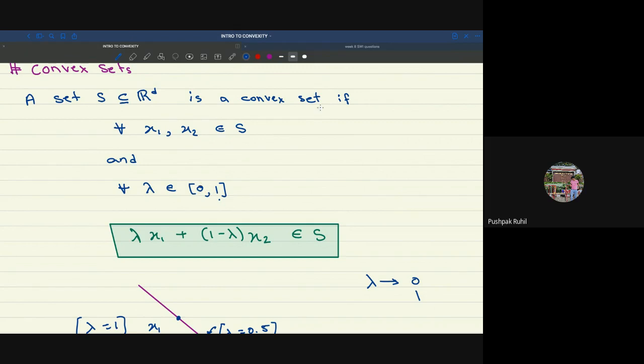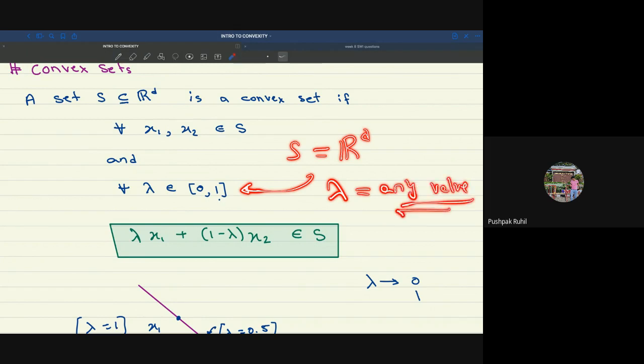But if you're taking some other restricted set, even though I have mentioned subset or equal to, if your S is equal to RD, then this condition would still hold true, but your lambda can take any value.